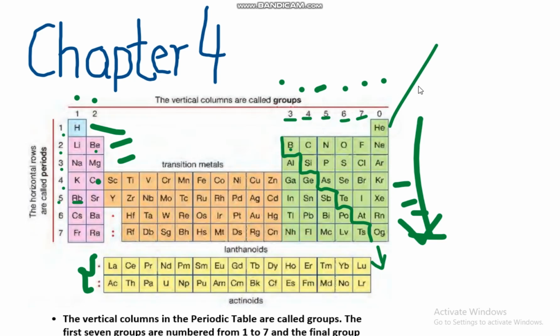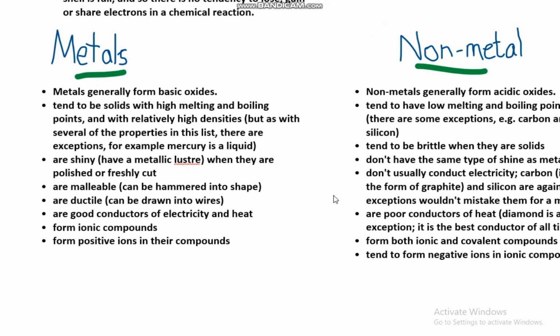This region consists of non-metals, and this whole region consists of metals. I'll leave this bottom part. We are not talking about this, we are talking about the upper part. So this part is non-metal and this part is metal. As you can see, many elements are metals and fewer elements are non-metals. So we'll talk about the differences.